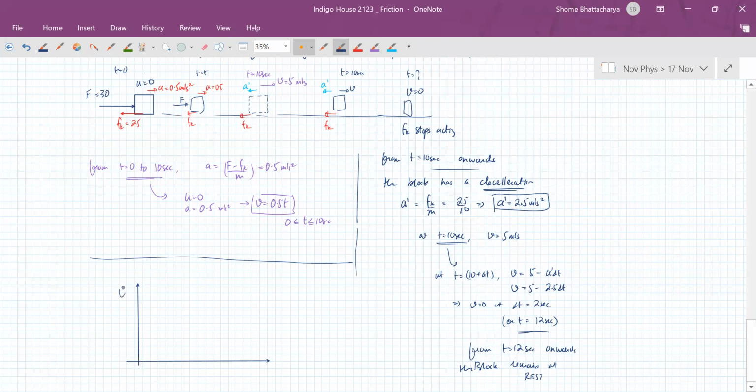So our velocity versus time graph, the initial part from 0 to 10 seconds will be like a uniformly accelerated motion. And then from 10 to 12 seconds, which is comparatively smaller amount of time, it will act like a uniformly decelerated motion.